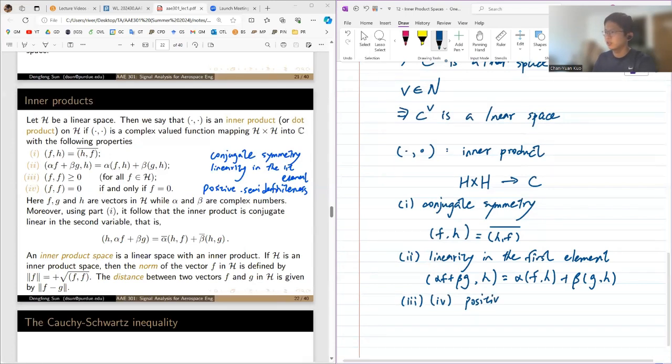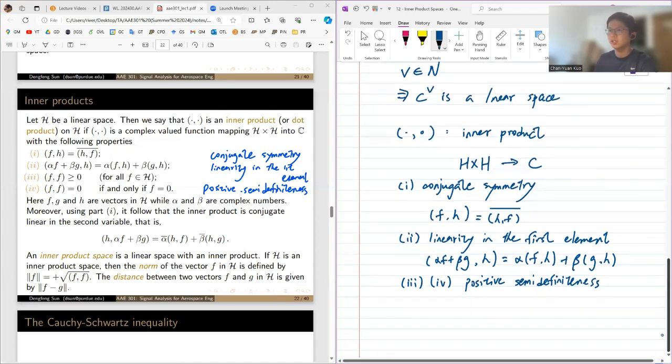So basically this implies that when you look at the inner product of a vector and itself, it will always be no less than 0. And it will only be 0 when the vector that we are looking at is 0.